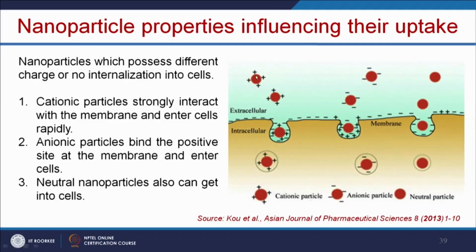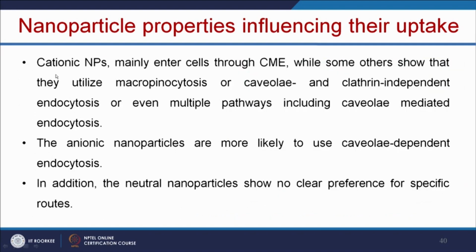These cationic nanoparticles strongly interact with the membrane and enter the cells rapidly, and the anionic particles bind the positive site at the membrane and enter the cells. Neutral nanoparticles can also enter into the cells through various processes.